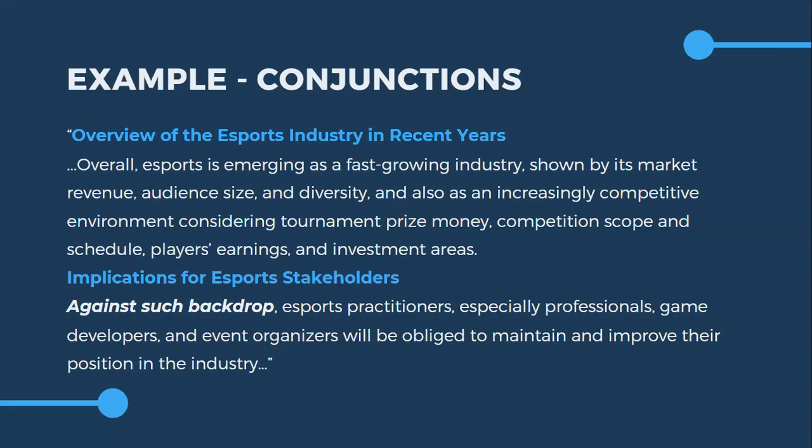In between these two sections, in order to emphasize the cause and effect relationship between the esports industry development and the implication for esports stakeholders, I use the conjunction phrase "against such backdrop" to represent the relationship between them and to emphasize that logical relationship. So that's an example of using conjunctions appropriately at the right place and at the right time.